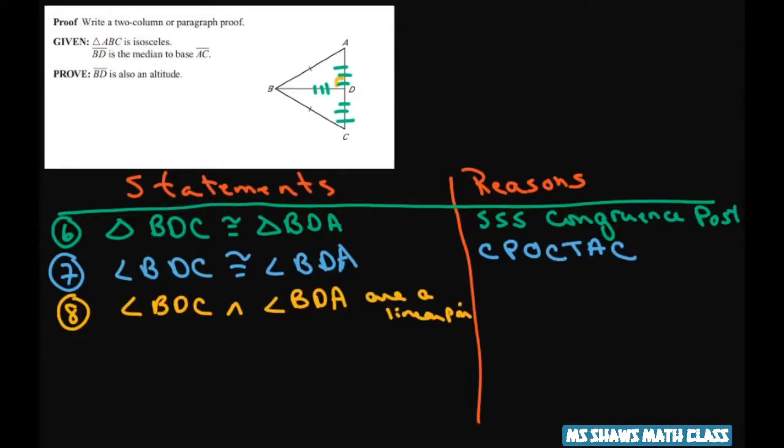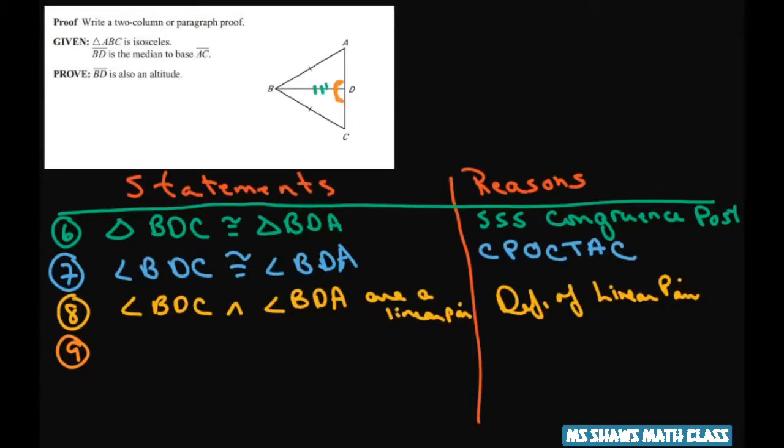So right here, these two right there. And that's just definition of linear pair. And therefore, we know that since these are linear pairs here, let me get rid of this. So right here, we know they're linear pairs.